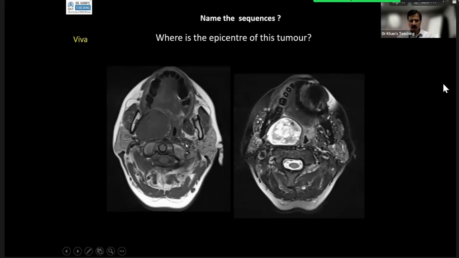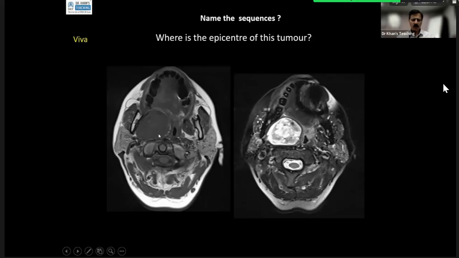This is the carotid space. If there was a mass in the parotid, it would have displaced it right like this. On the other hand, this mass has displaced the carotid space all the way posterolaterally. So keeping this handicap in mind that you have got only a single sequence, this is a mass in the masticator space.